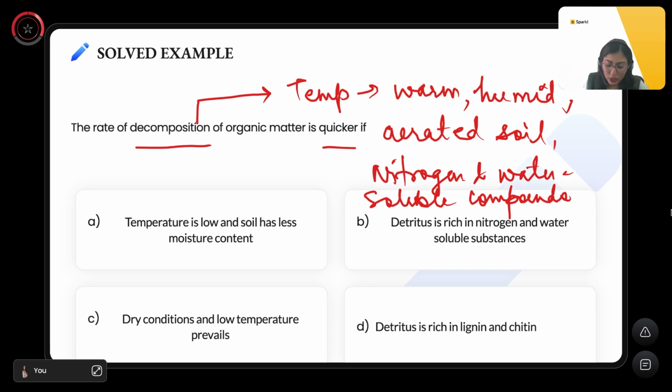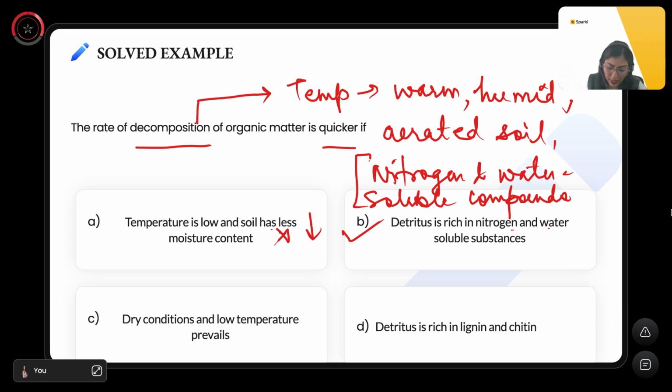Temperature is low and soil has less moisture content. ये बेटा decomposition को faster नहीं करेगा और slow down करेगा. B option says detritus is rich in nitrogen water soluble substance. Definitely yes, we just mentioned कि अगर आपका detritus nitrogen water soluble compound से rich है, then the decomposition rate is much faster. Okay.